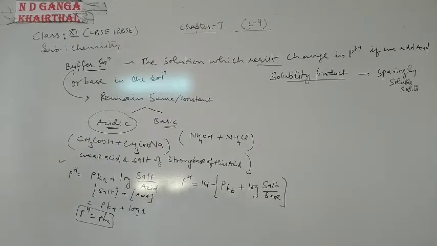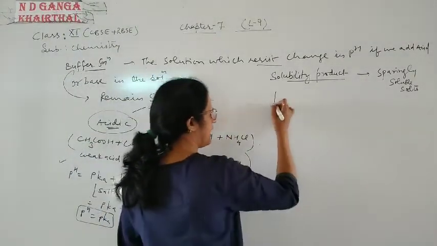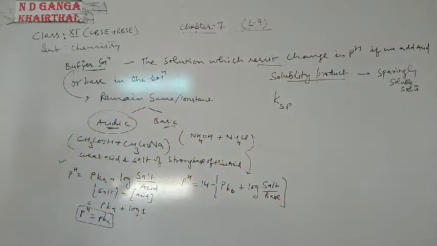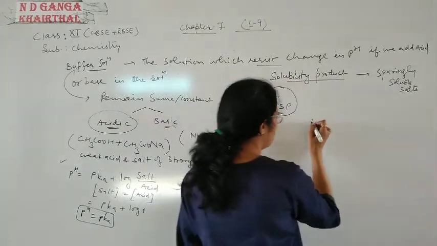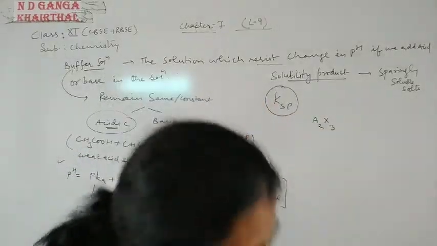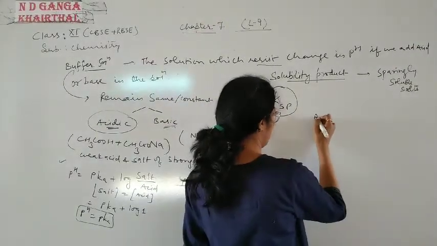So how will we calculate this Ksp? In fact, a solubility product is represented by Ksp. Clear? For example, if we have to calculate the Ksp of a sparingly soluble salt like A2X3, first of all you take a simple salt like AB.